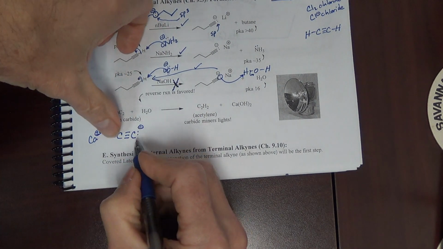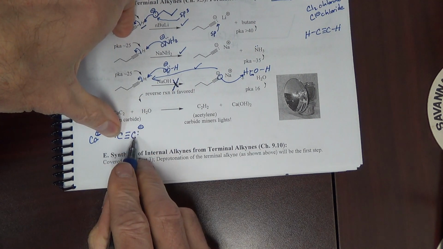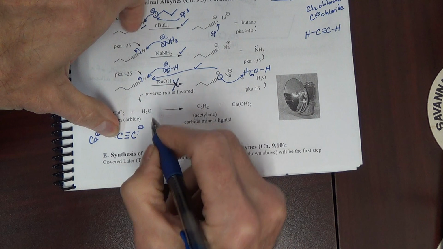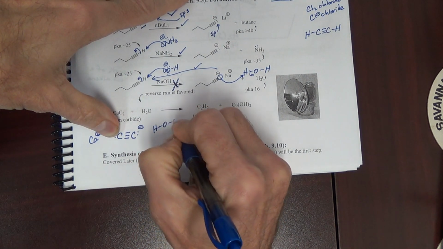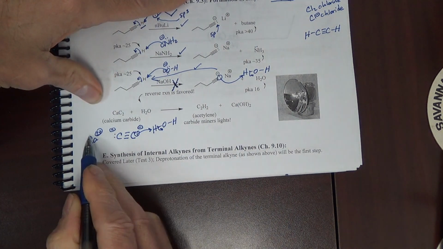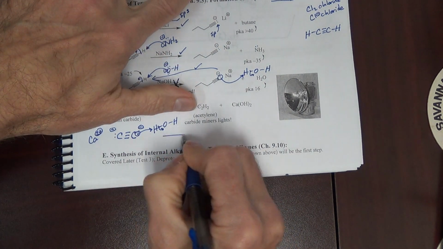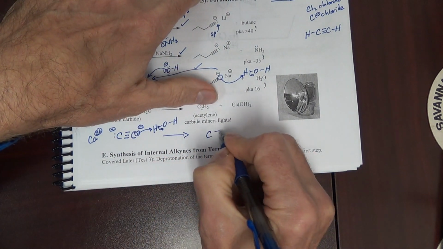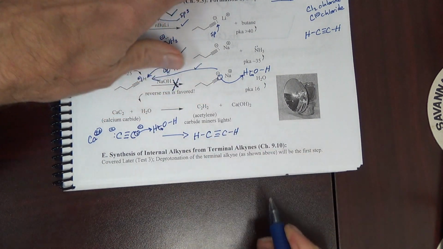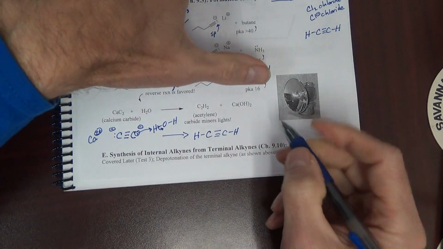But what happens if you put one of these acetylide anions with water? Well, we just showed that. It will take the H, but it'll do it twice. You can do it on the other side as well. And what's that going to give? Put an H on each end, plus hydroxides.